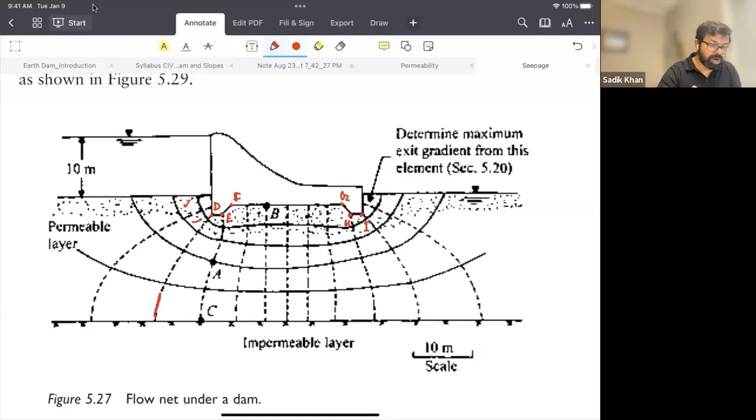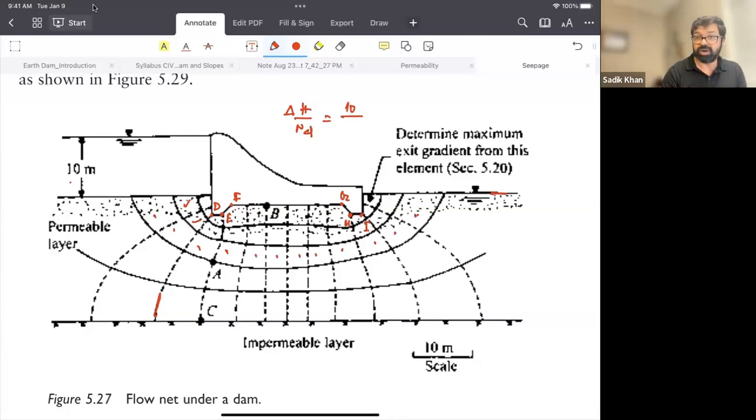So what is the drop? Our drop is always H over ND, sorry, number of drops. H is the total head difference, or del H. So you have 10 meter and this is 0, so your del H is 10 divided by how many drops? 1, 2, 3, 4, 5, 6, 7, 8, 9, 10, 11, 12.